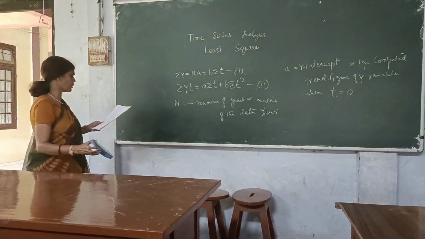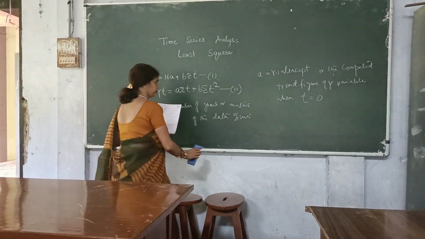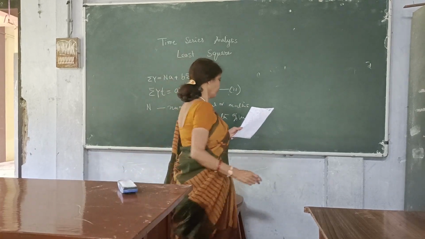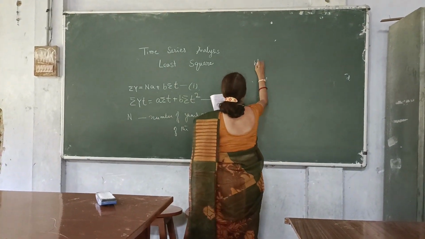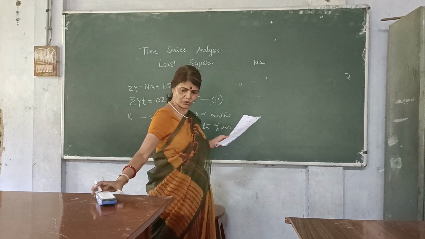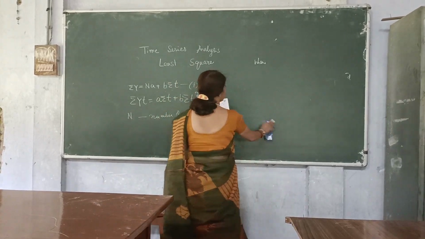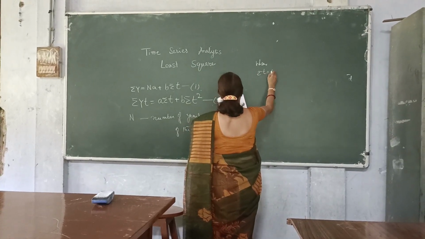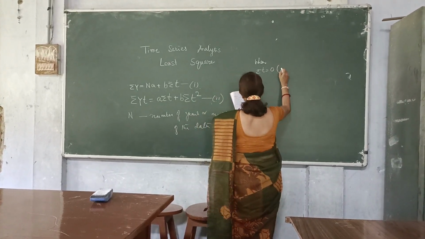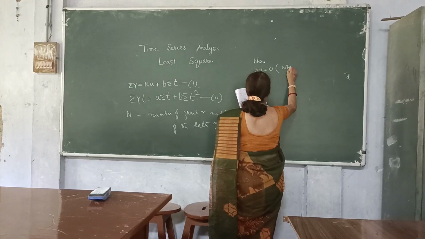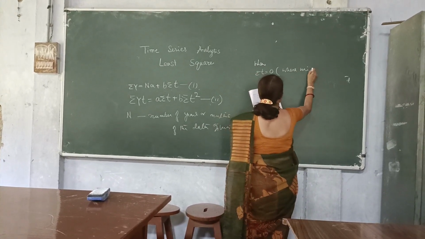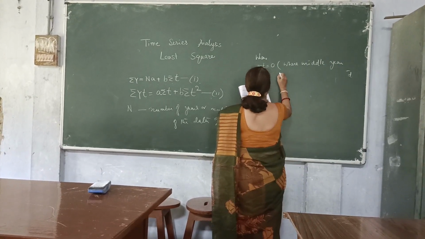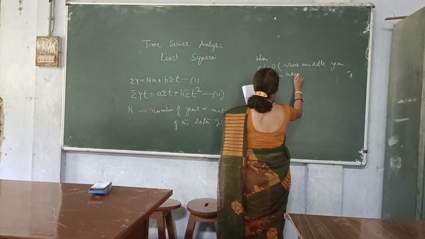Now, when summation of t equals 0, the middle year is taken as origin.